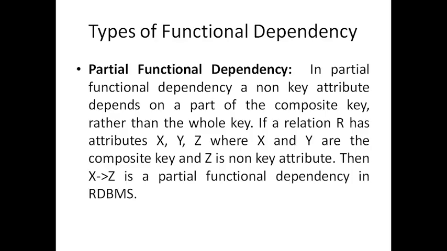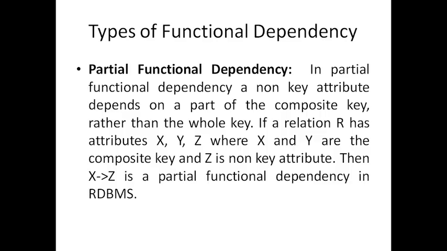Partial functional dependency. In partial functional dependency, a non-key attribute depends on part of the composite key. Key attribute means if the attribute is part of the candidate key, then it is referred to as key attribute. If it is not part of the key, then it is referred to as non-key attribute. If the key has more than one attribute, then it is called composite key.